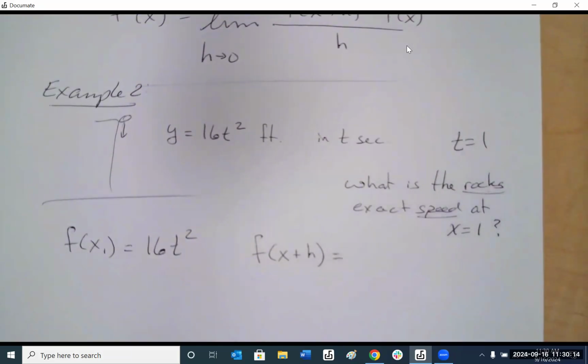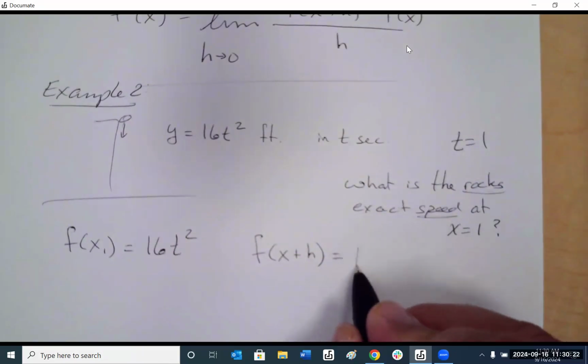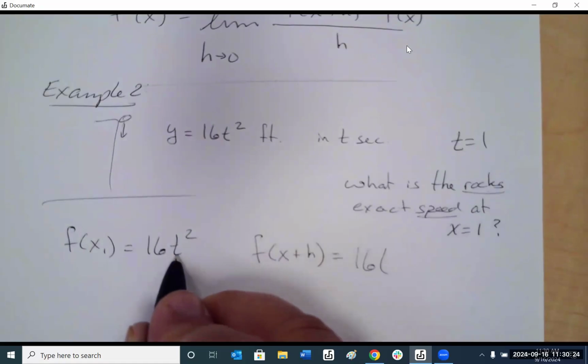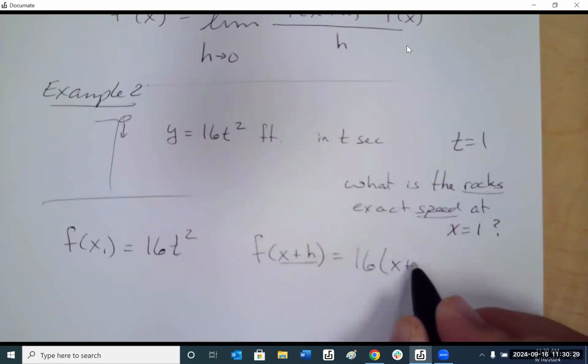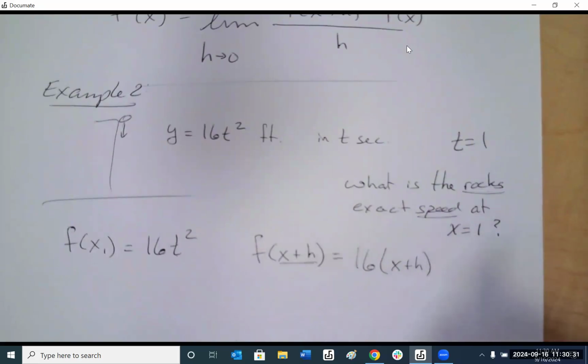What's that going to be? So in place of t, I put this, and it's squared.